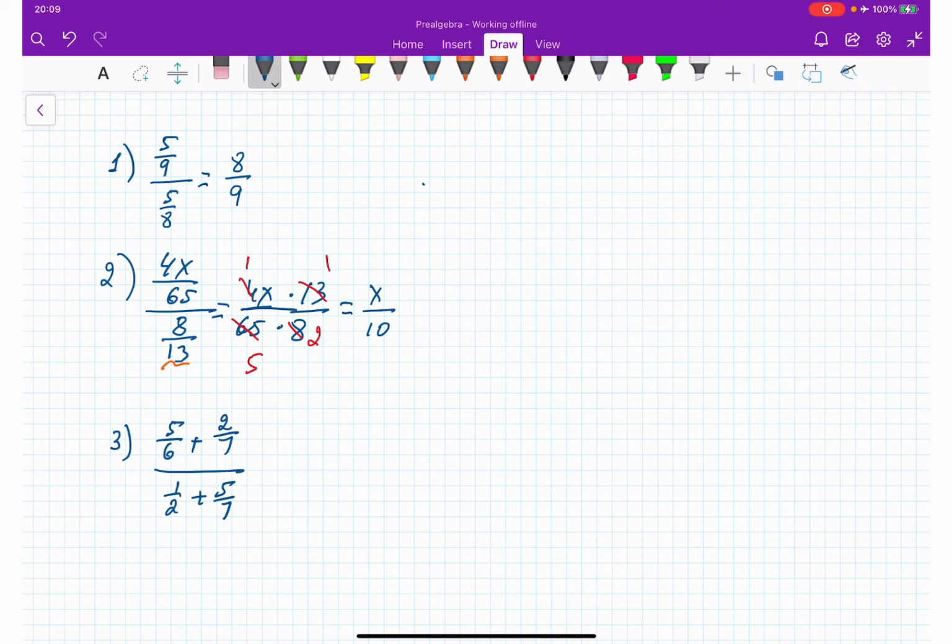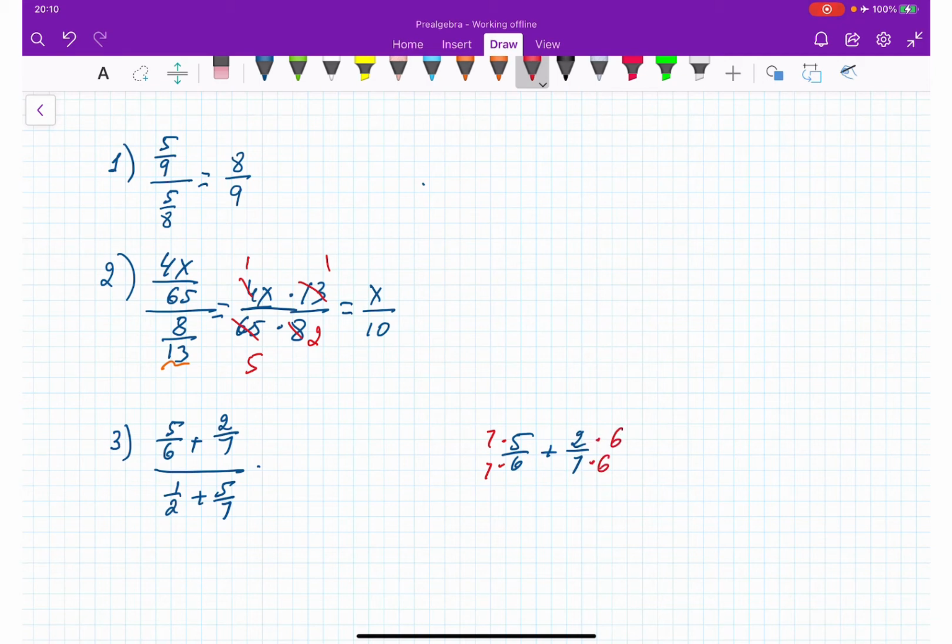Okay, so let's solve. Before we get the final answer, we have to solve the numerator separately and then the denominator separately. Okay, so if we add the numerator, it's going to be 5 over 6 plus 2 over 7. Common denominator is going to be 42, right? So to get 42, I multiply here by 7, here by 7, here by 6, here by 6.